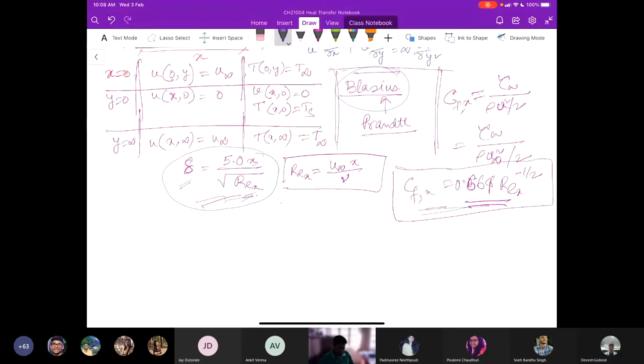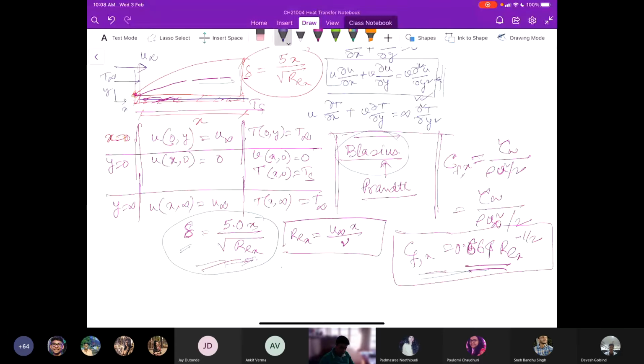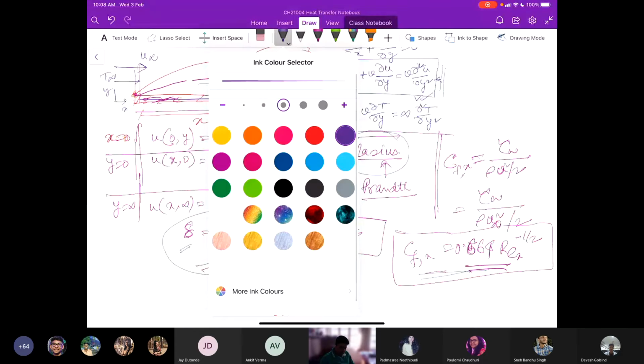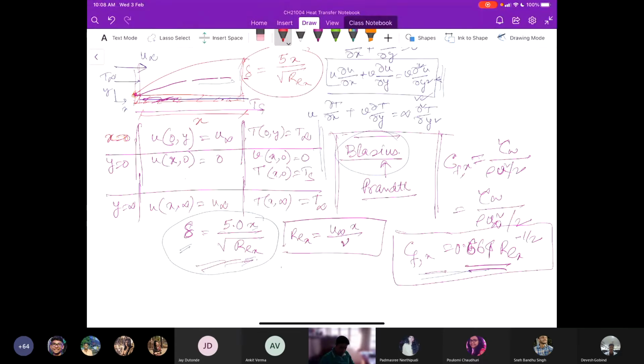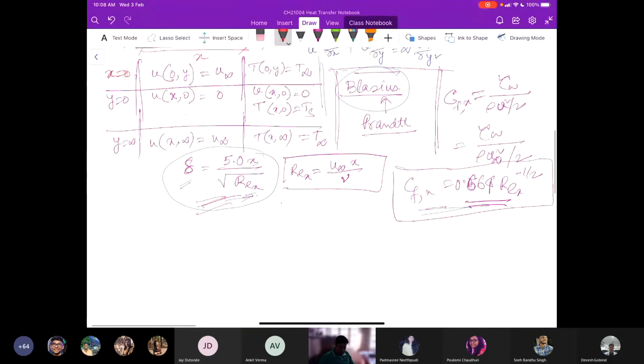These equations, the set of equations with these boundary conditions, have been solved widely, and it can be shown that this is the hydrodynamic boundary layer thickness, and this is our local skin friction coefficient.